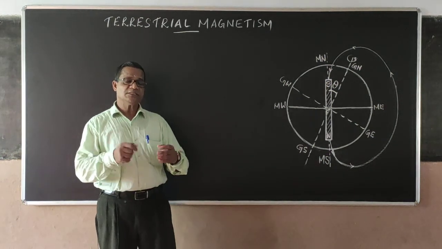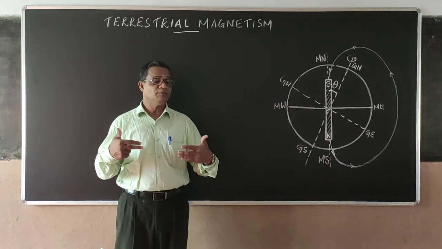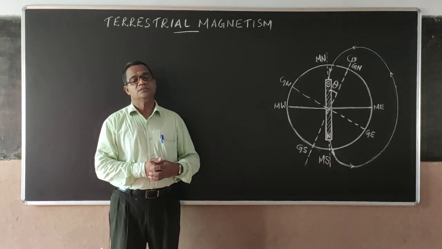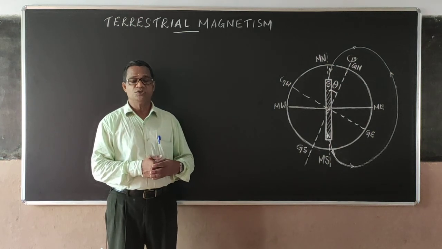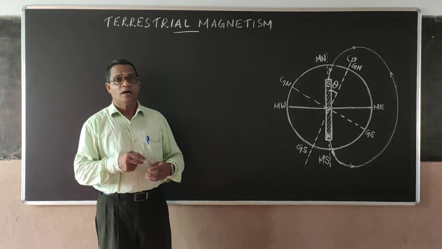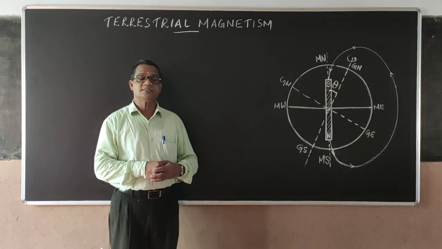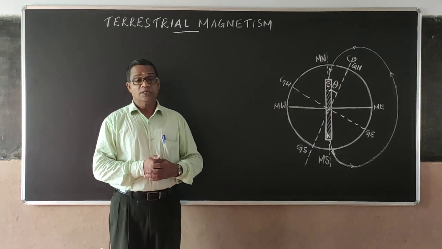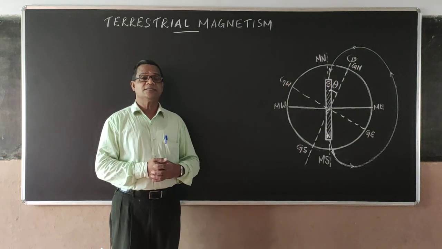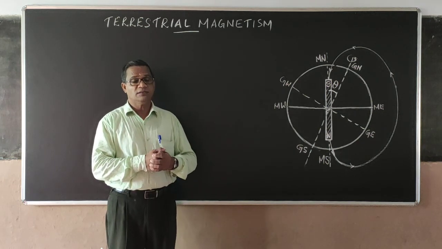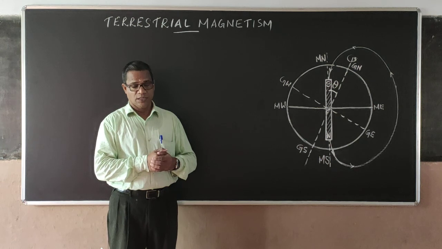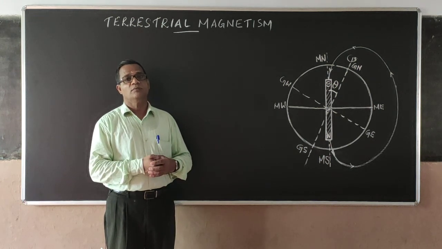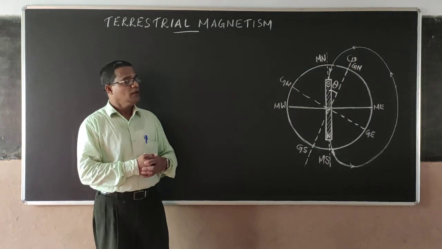Now, why does that freely suspended magnet align along that particular direction only? That search reached the point where our Earth itself is acting as a huge magnet. The reason why Earth is acting as a magnet has not been clear till now. There are many theories here, but we are not going after those theories.